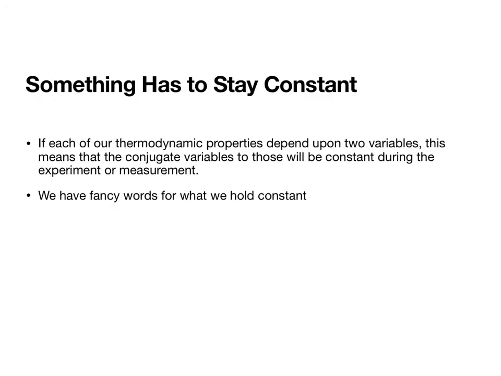So, if each of our thermodynamic properties depends upon two variables, this means that the conjugate variables will have to remain constant. So, if we think that G, Gibbs free energy, is a function of temperature, pressure, and number of moles, this means that the conjugates S, V, and mu are going to have to stay constant.